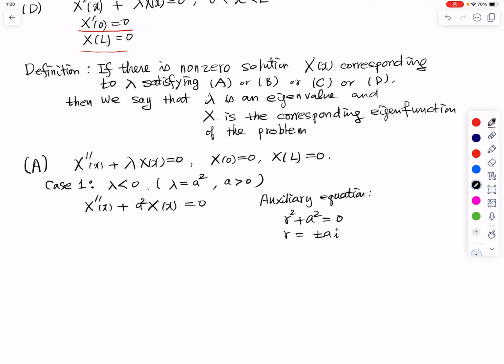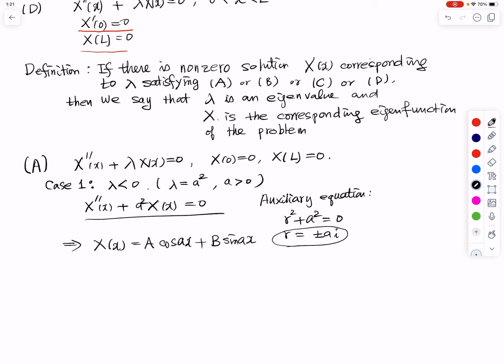Then the general solution of x will be a times cosine ax plus b times sine ax.